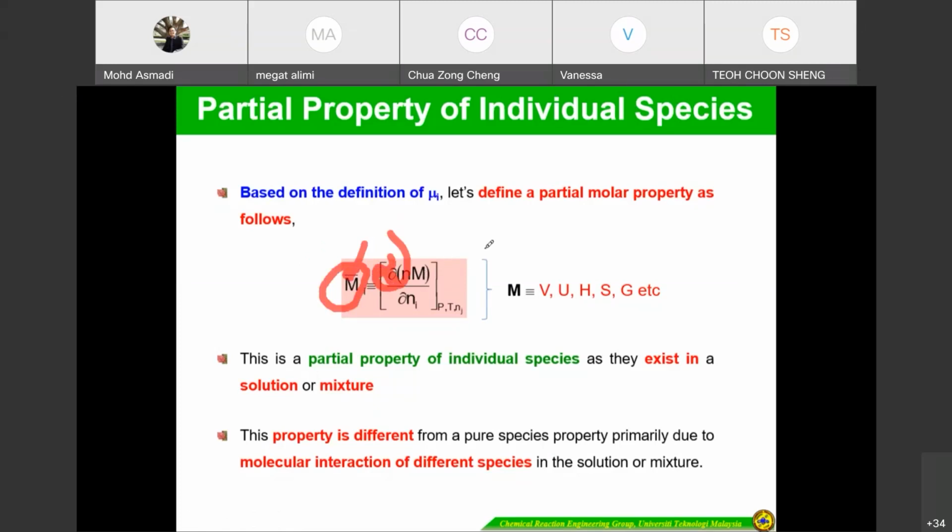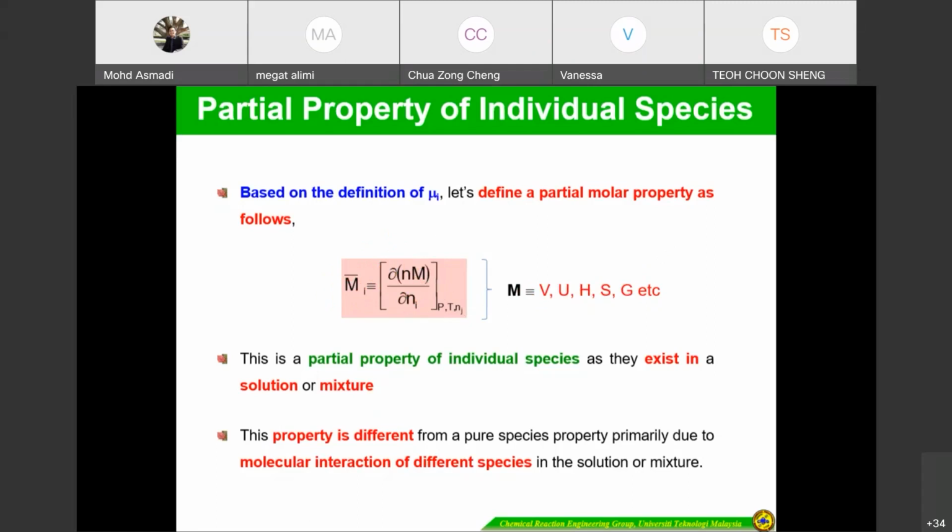That's why we call it partial properties. M and also Ni, where Ni is the number of moles of the species. M can be V, U, H, S, and also G. So this is the partial property of the individual species, because Ni exists in the solution or mixture.